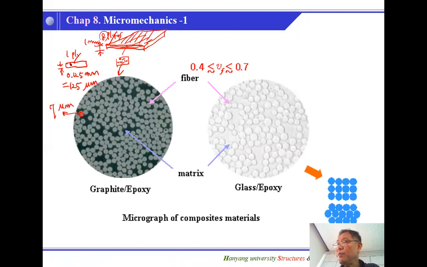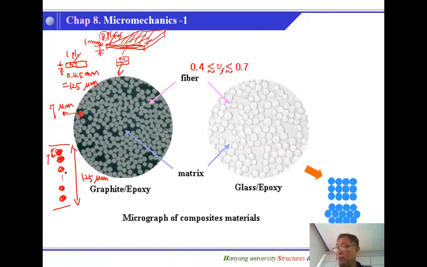So if the fibers are stacked one by one, say this is 125 micrometers and this is about 7 micrometers, how many fibers do you need?